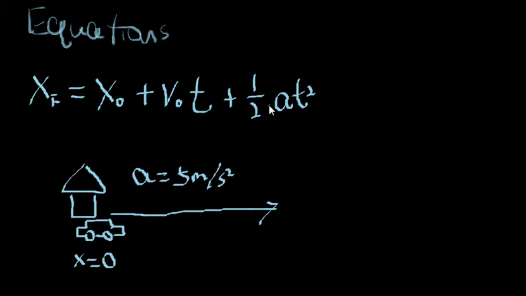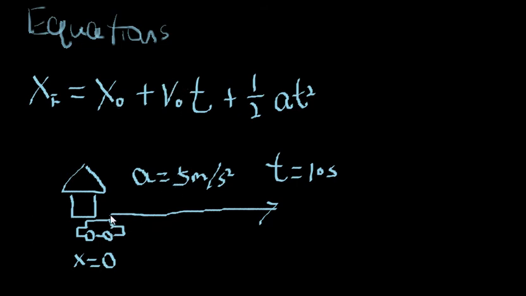Let's see. The x starts off at 0, so x initial is 0. So just don't worry about x initial. And then v initial: the car starts from rest, so v initial has to be 0. So v initial t is 0 also. So don't worry about these. 1/2 a t squared. What's a? 5, t is 10 seconds.